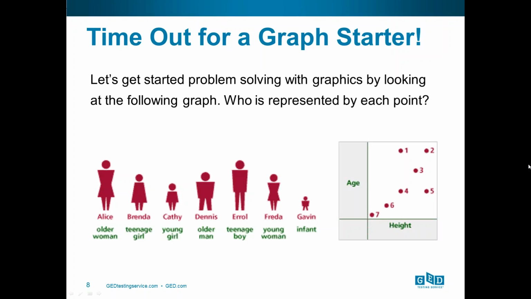Well, then I look at 1 and 2 now. Is 2, I hate to say that word, but old and tall? Well, we know that 2 is tall because it's way out there on the scale.